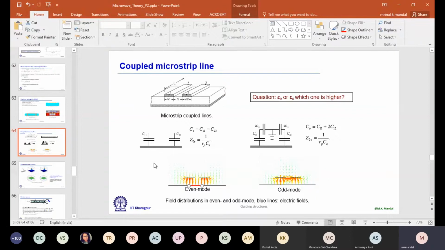Later, when we discuss coupling, we'll see coupling depends on the ratio of Z0E to Z0O. So as the difference is more, we have more coupling. So this third technique provides one advantage: in addition to making these two phase velocities the same, it can also give me increased coupling.